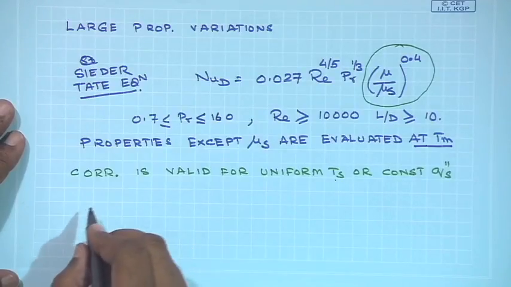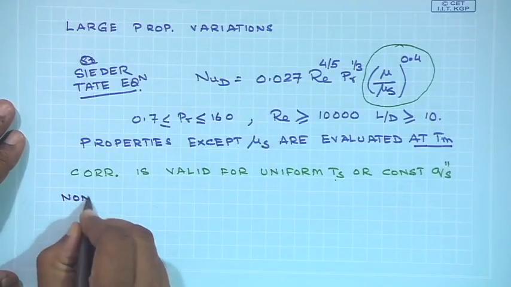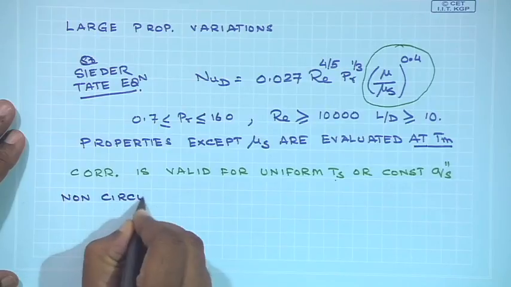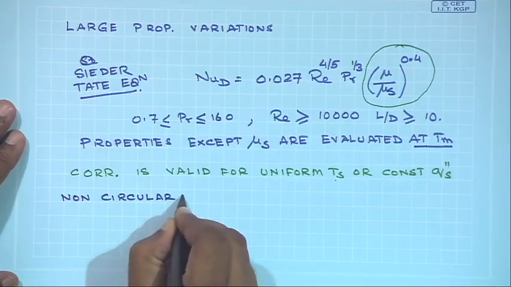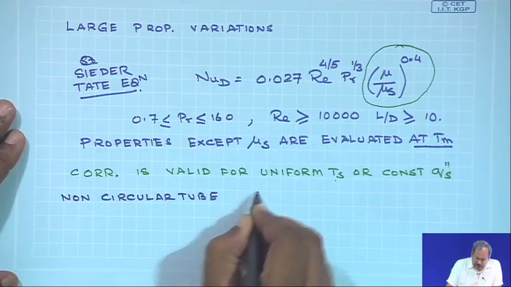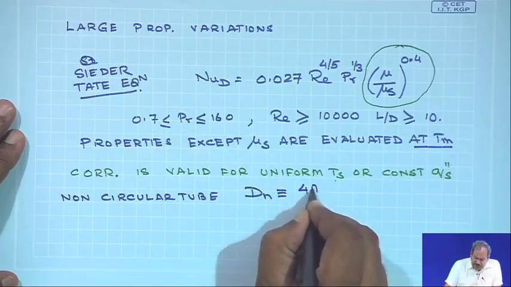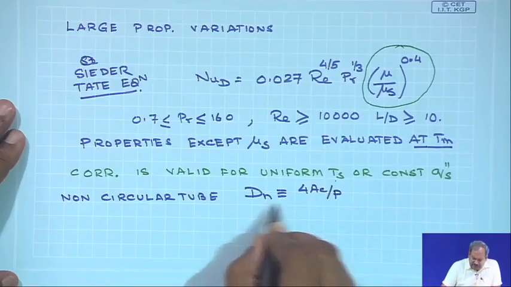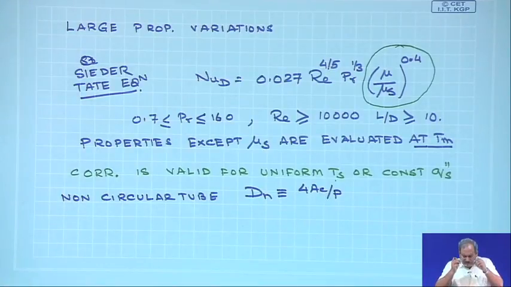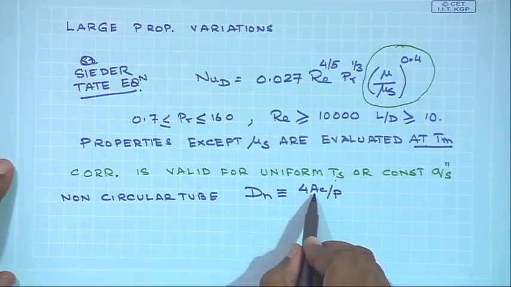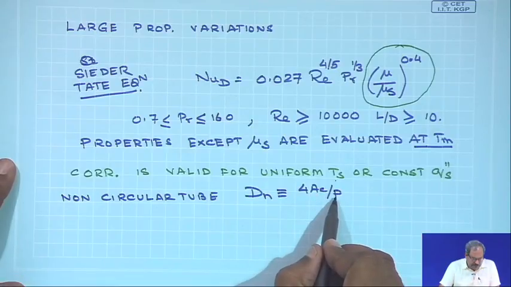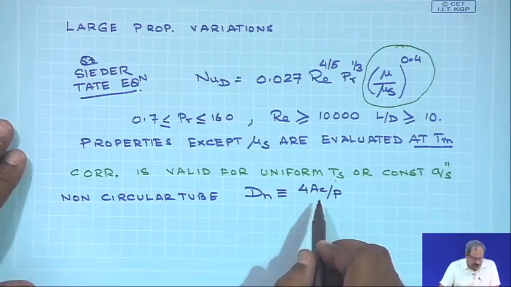So, I am going to write that over here. If it is a non-circular tube, the hydraulic diameter, which is defined as 4 A_c by P, this you must know from your fluid mechanics, where A_c is the cross sectional area and P is the perimeter.